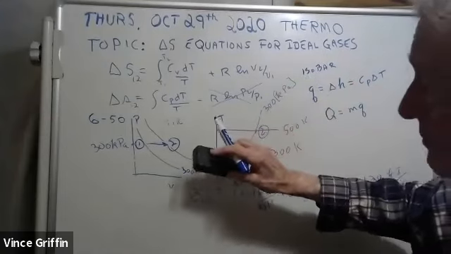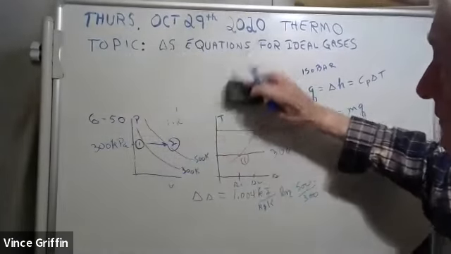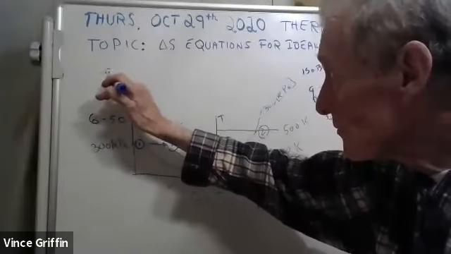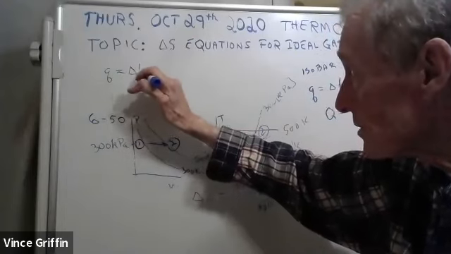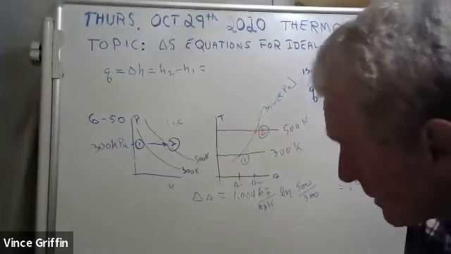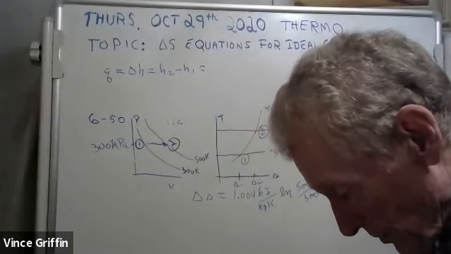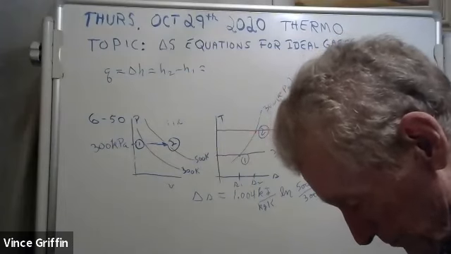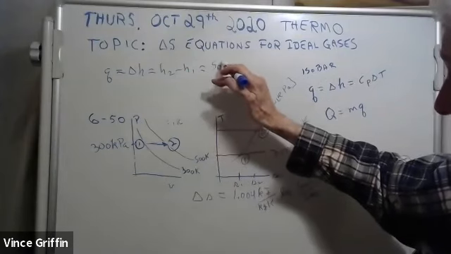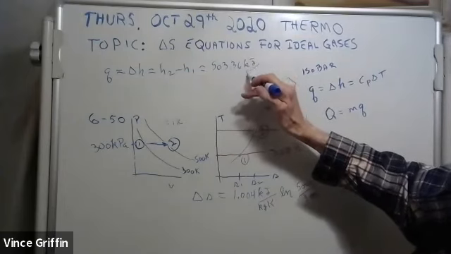See, to get the Q, we need the delta H. In other words, we need H2 minus H1. Well, H2 at 500, according to these tables that Nathan has discovered, is 503.36 kilojoules per kilogram.